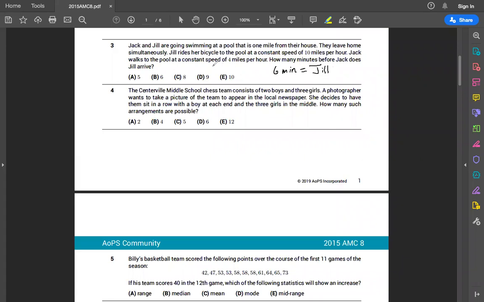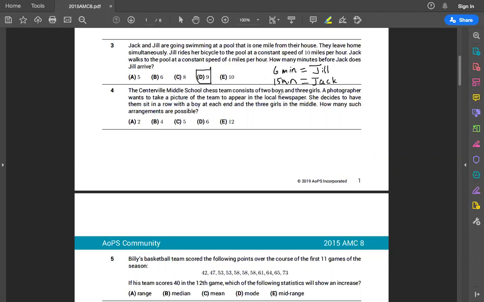For Jack, since he goes at 4 miles per hour, he will travel 1 mile in 1/4 of an hour, which is 15 minutes. To find their difference, we do 15 minus 6, and we get 9. Pretty straightforward.